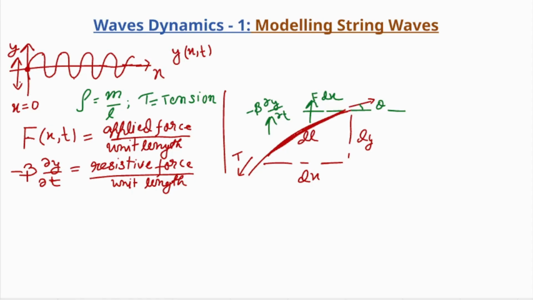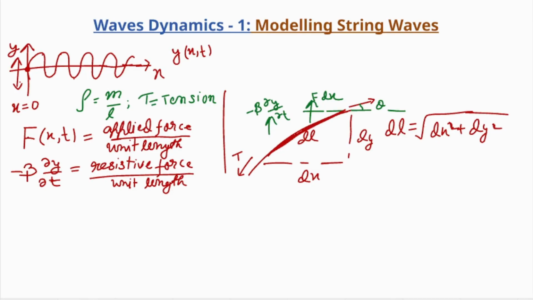So we can say that dl is nothing but root of dx squared plus dy squared, right? This is the thing.